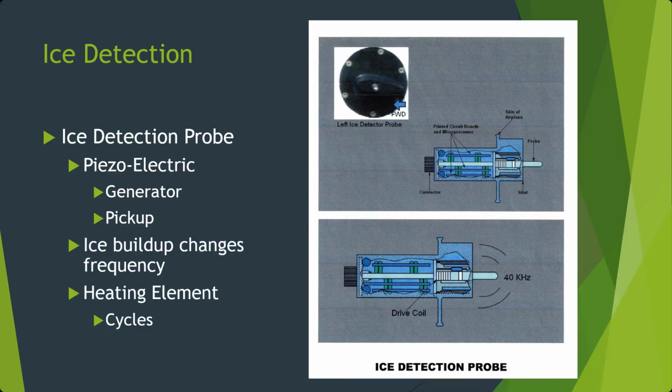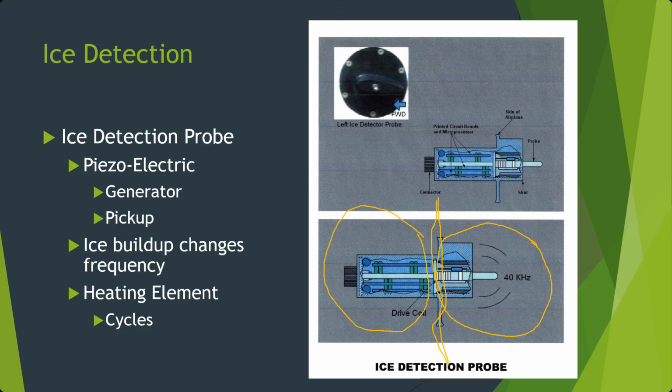The way they work is with the probe shown here. The skin of the airplane would be here, and the right side over here is what's outside the airplane. The left side is inside, and these are bolted on.